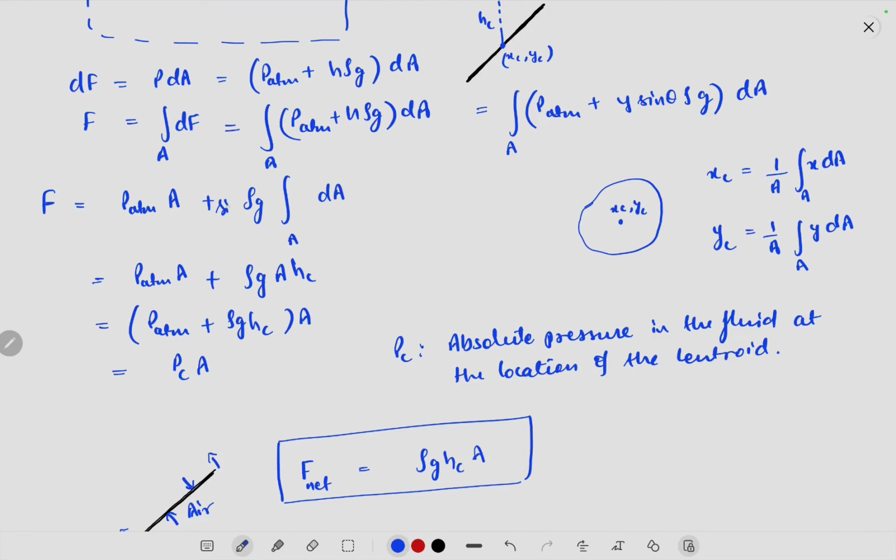I missed this sin theta term: this would be y dA, and the y integral gives yc, and this sin theta would come, and this yc sin theta is hc, and that's why this expression would come. So this is a correction in this video.